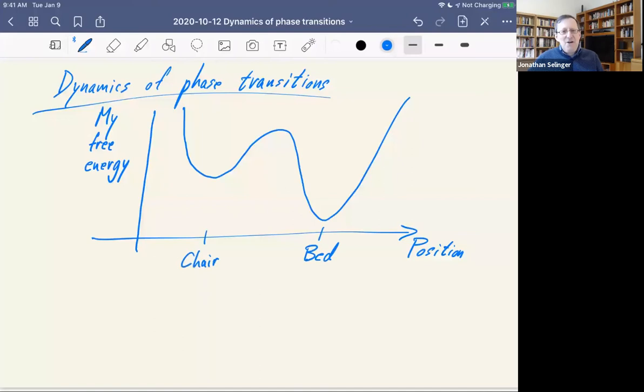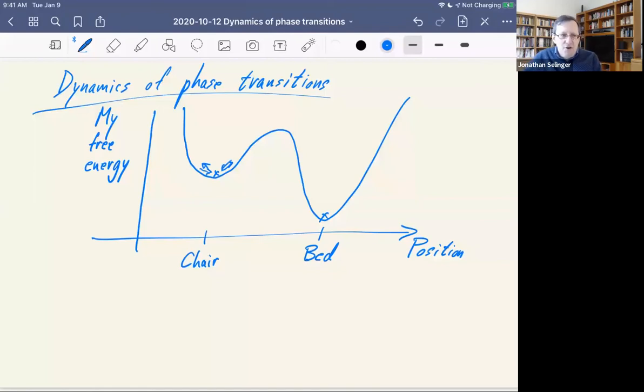Okay, and so you can see that the equilibrium state, right, where I should be is here in the bed, right? But if I am here instead in the chair, I am stuck, right? And so if there's any small fluctuation there or there, well, there's a restoring force that pushes me back into the chair.